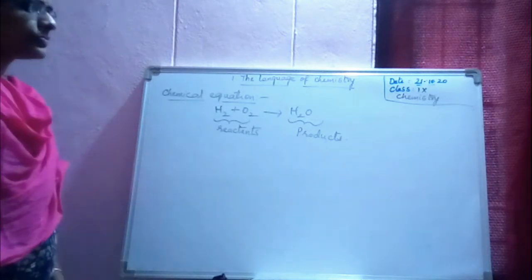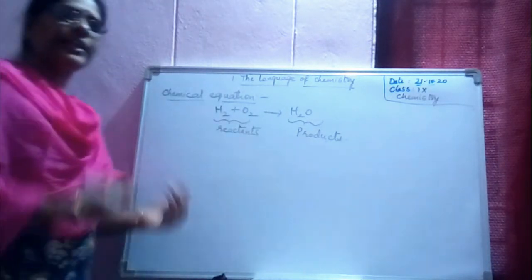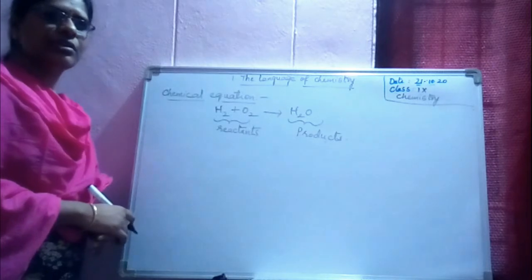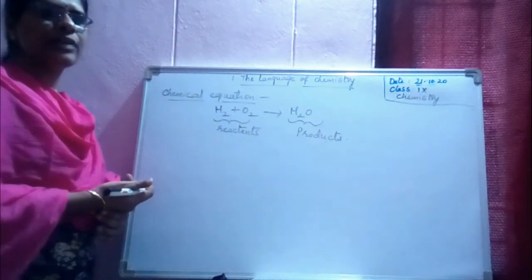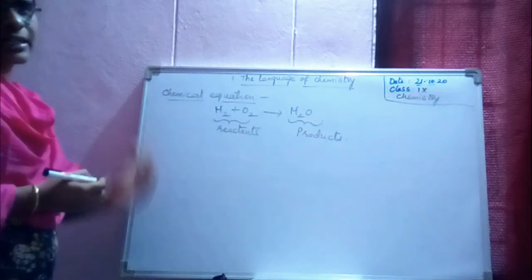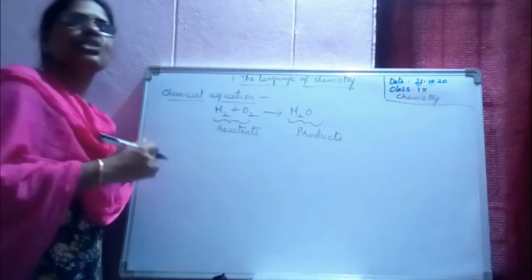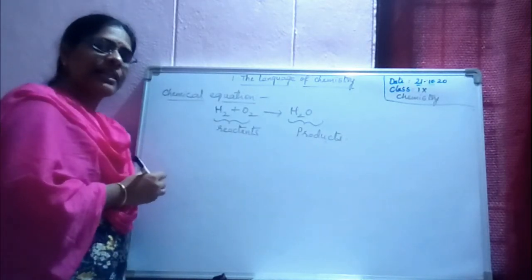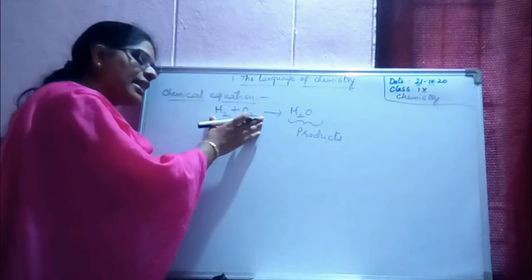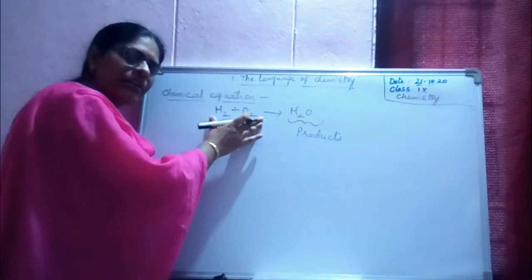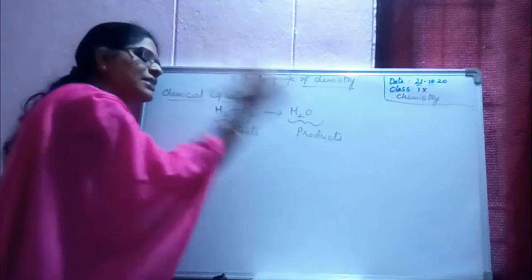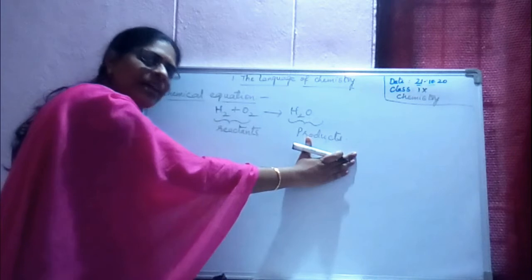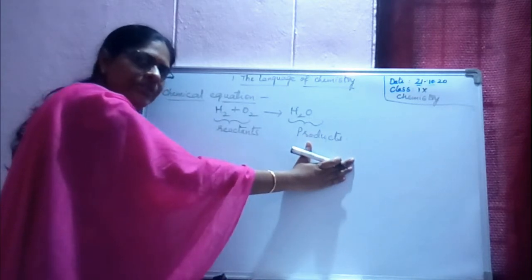Here, I will tell you how to do that. If the chemical equation is not balanced, it means the left side atoms are not equal to the right side atoms.